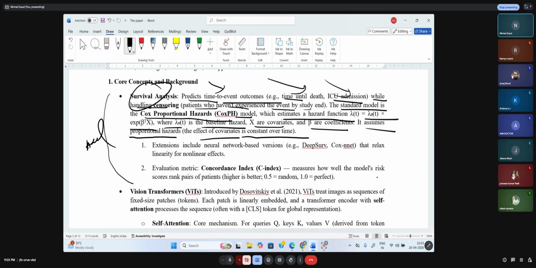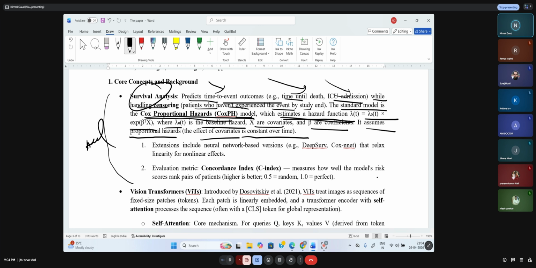So they mentioned a standard model called Cox proportional hazard, which estimates a hazard function, that is, a bad thing can happen within a certain amount of time.